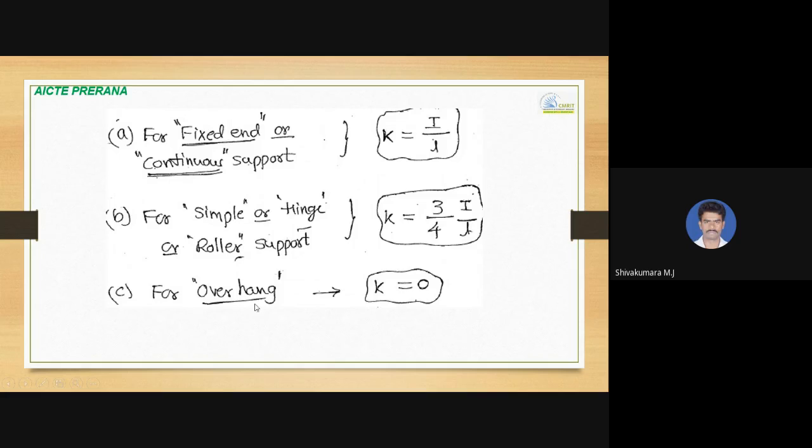If the far end is an overhanging portion, then the relative stiffness value is 0, no stiffness at all. You need to remember these formulas: I by L, 3I by 4L, and 0.